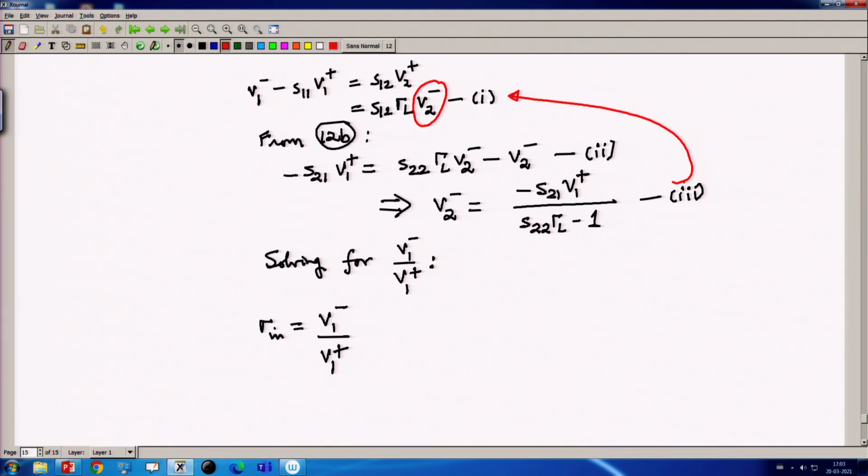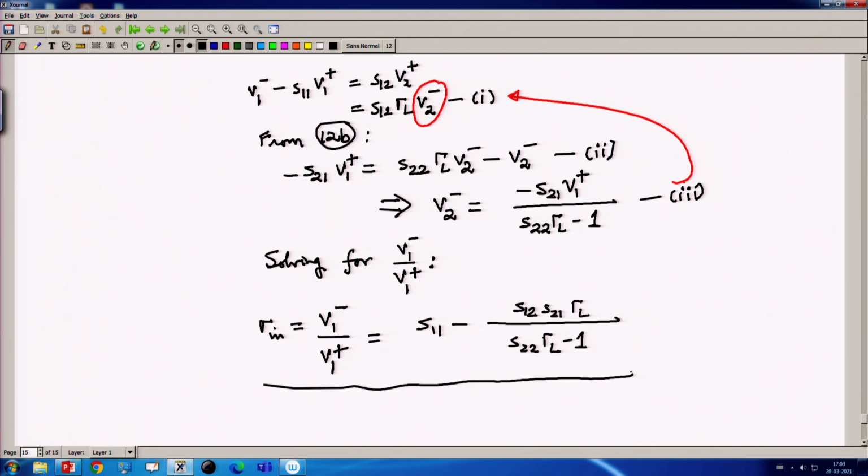So, we will get a relationship involving V1 minus and V1 plus, and then if we just do simple algebra, we call this equation 14.